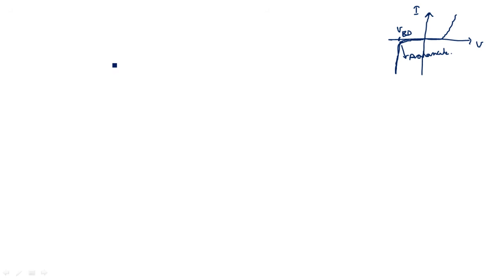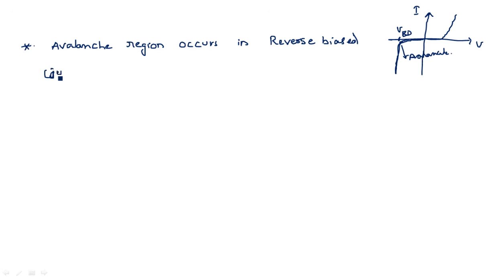Now I will write a few points here. The avalanche region occurs in a reverse biased junction, in the reverse biased condition.